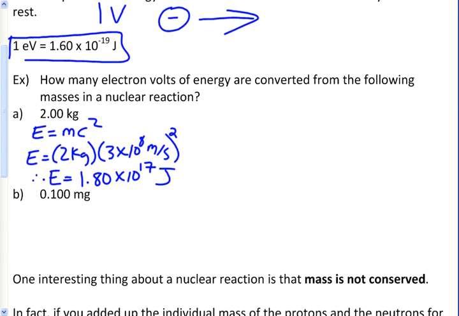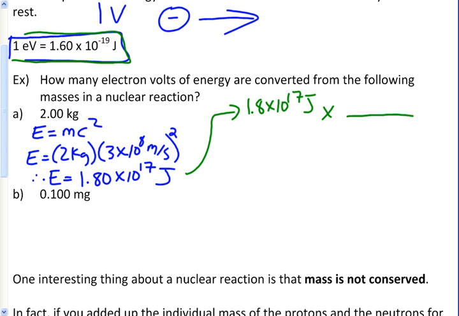Now the question says how many electron volts. So this is going to go back to dimensional analysis. So what I'm going to do is take this amount of joules, 1.8 times 10 to the 17 joules, and multiply by 1 electron volt per 1.6 times 10 to the negative 19 joules.